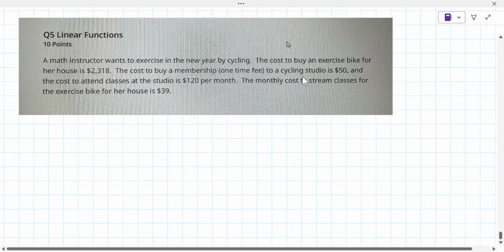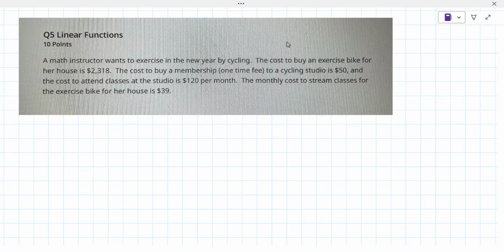And then the monthly cost to stream classes to the exercise bike for the house is $39. So that's in addition to this bike. You buy the bike, but you also want to buy the classes. I actually don't know if Peloton is that way or not, but that's kind of the idea. You buy a bike, you still want to do the classes from home.